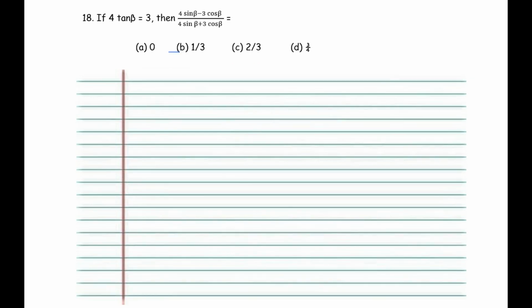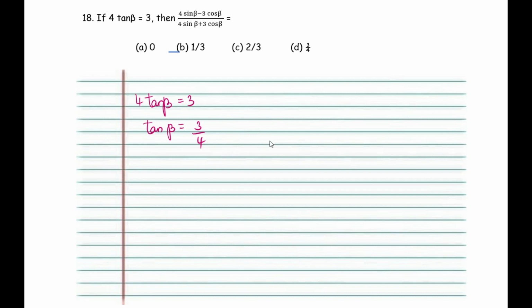Moving to question number 18. If 4 tan beta equals 3, then (4 sin beta minus 3 cos beta) divided by (4 sin beta plus 3 cos beta) is equal to. Given 4 tan beta equals 3, now tan beta is 3 divided by 4.